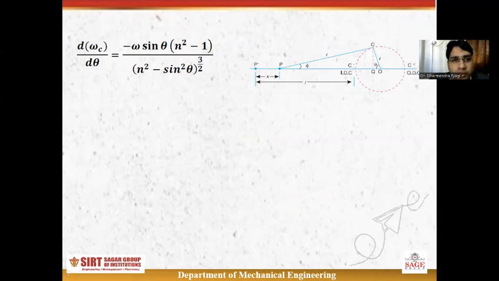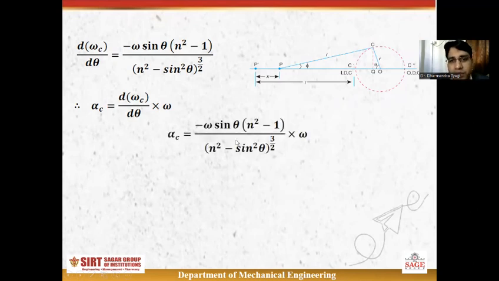So now the value of αC, the angular acceleration of the connecting rod, is dωC/dθ into ω. Substitute the value of dωC/dθ from the above equation, and we will have the value of angular acceleration of the connecting rod.